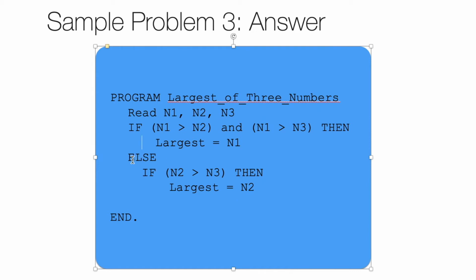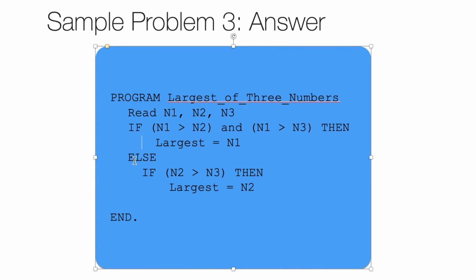Because if I come to the else part, that means the first condition is not satisfied, so it should be false. If this condition becomes false, it means my n2 is greater than number 1.